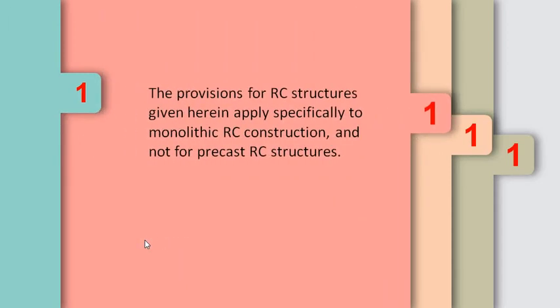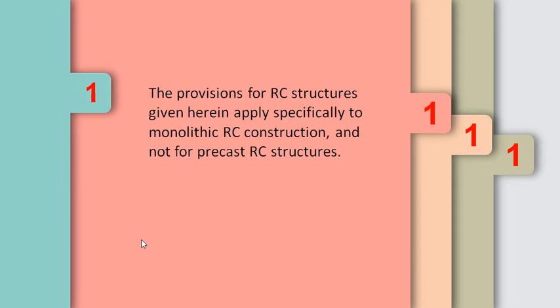The provisions given herein apply specifically to monolithic RC constructions and not to precast structures, while precast or pre-stressed concrete members may be used only if they are designed to provide a similar level of ductility and strength as that of monolithic RC structure during or after an earthquake.